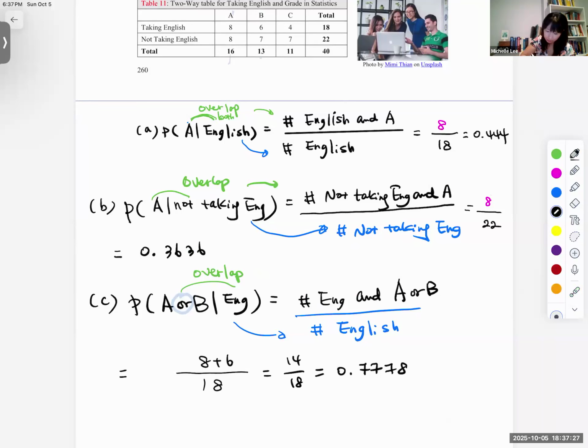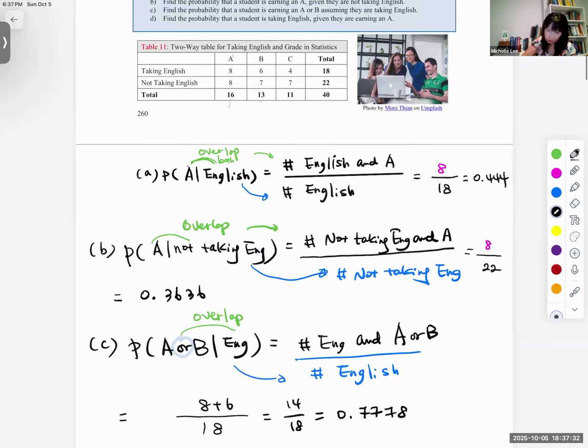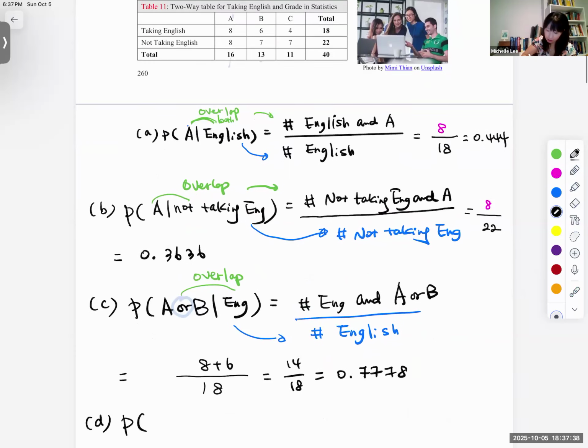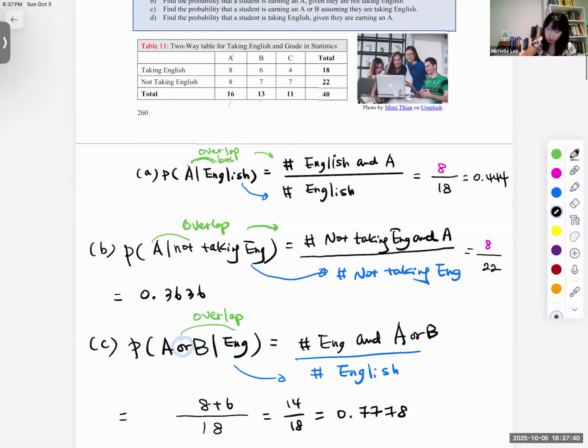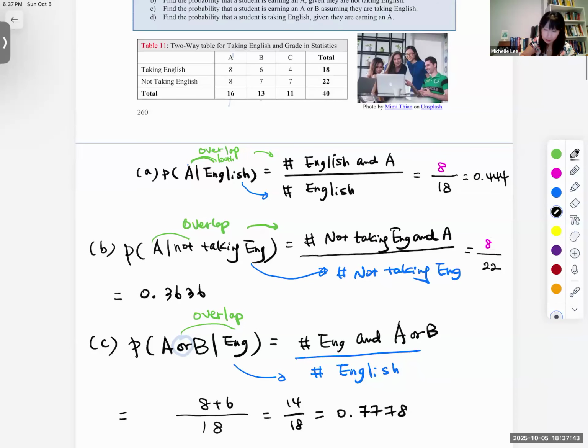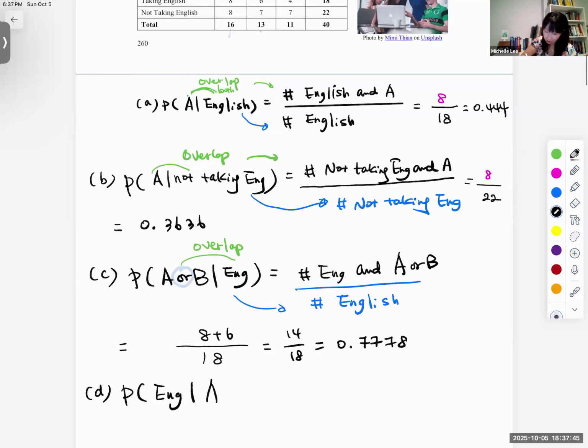The probability of the main event, taking English, and the conditional is given they are earning an A, right? So this one will be number of getting A, and then overlap. So earning A and taking English, right?